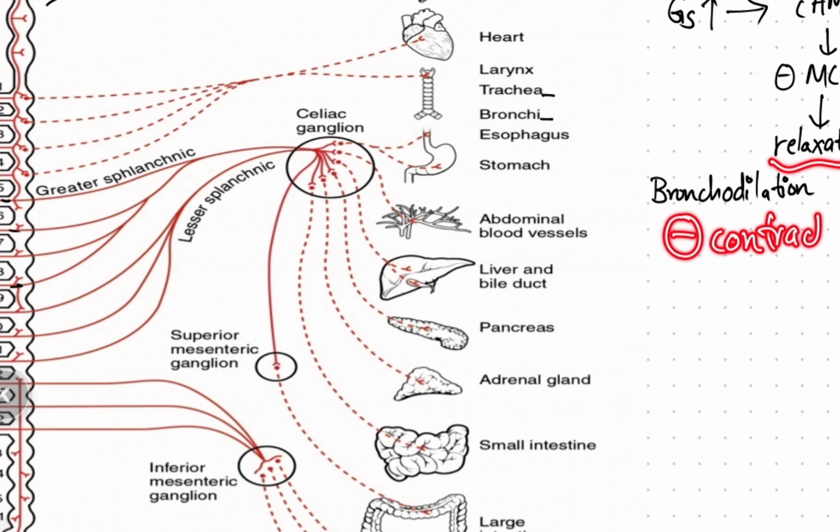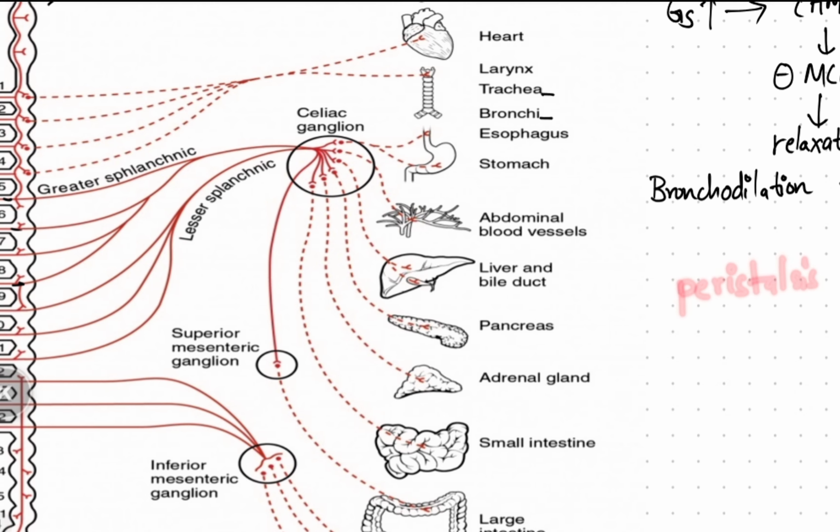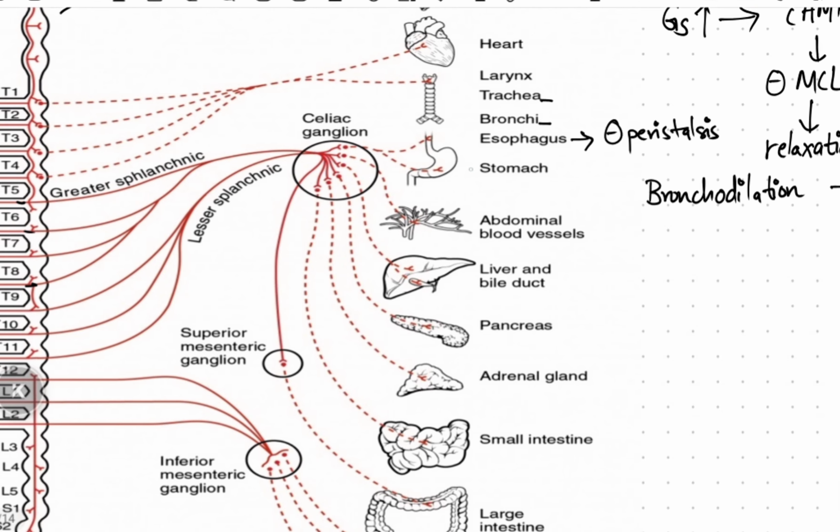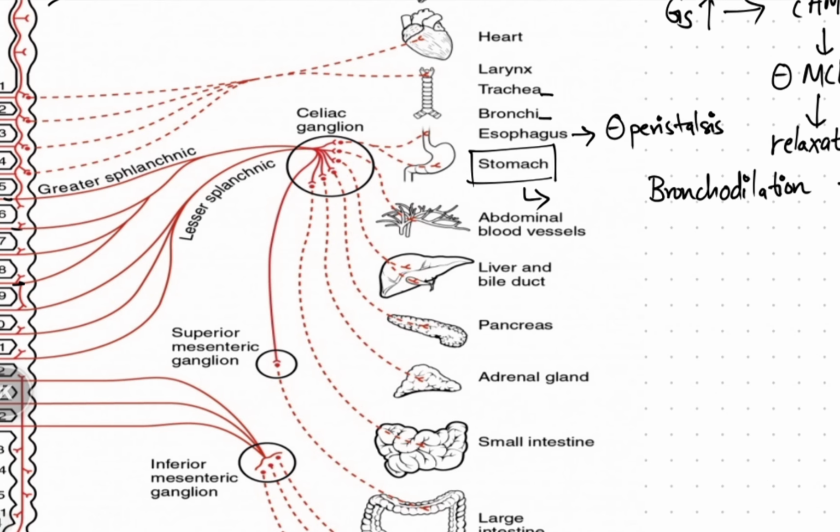And what do we call the contraction of the smooth muscle of esophagus? We call it peristalsis. So in esophagus, there is inhibition of peristalsis because we do not really focus on digesting the lunch we had. Okay, and same thing occurs in the stomach. Okay, we decrease the acid production, and we also decrease the contraction of the stomach.